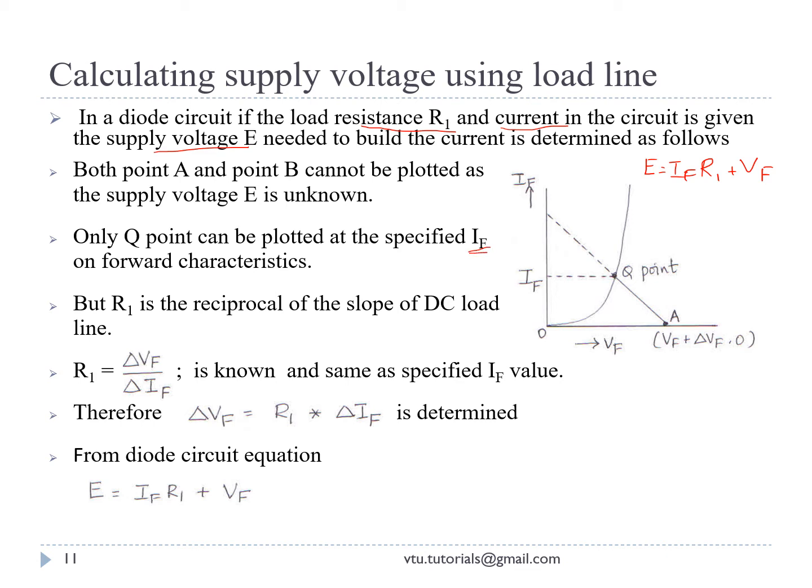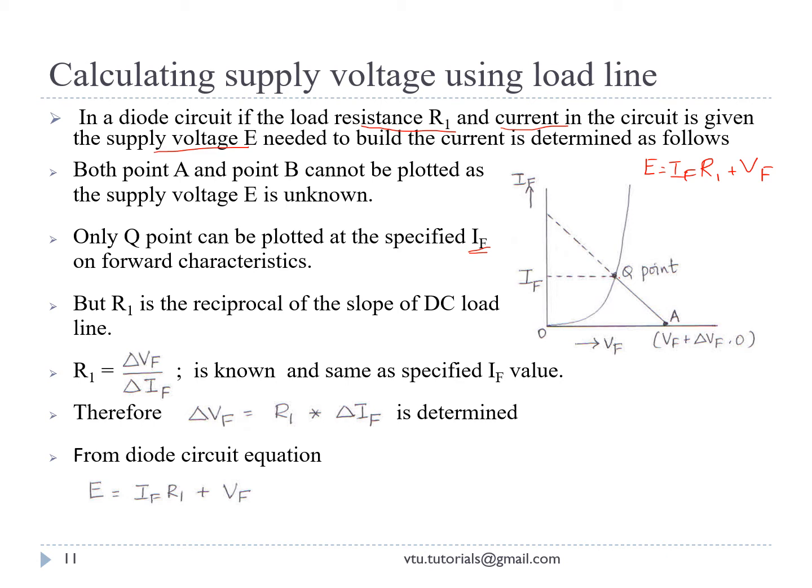Considering the precise value of IF and projecting it towards the forward characteristics curve, that point on the curve is the Q point. Now, R1 is the reciprocal of the slope of the DC load line. R1 is delta VF by delta IF.